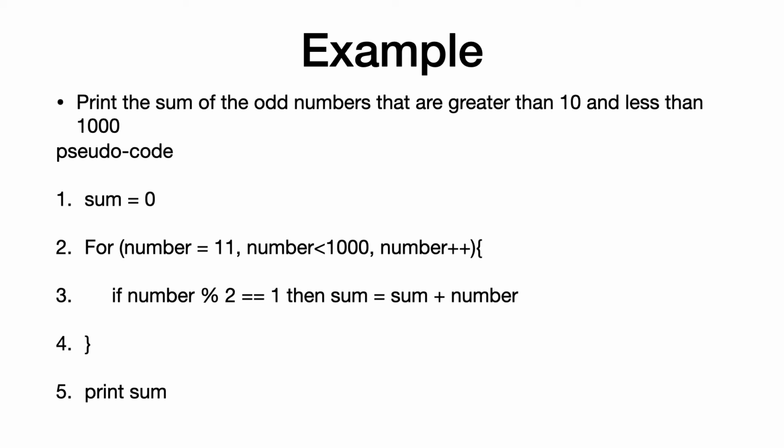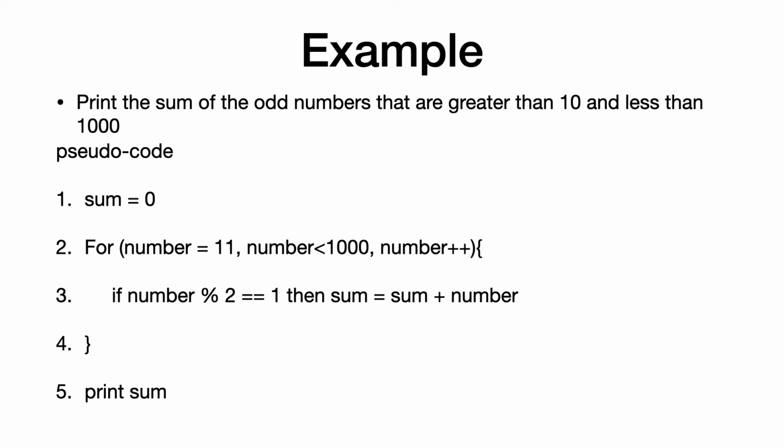Because it's initialized at 0, when you sum 0 plus 1, you will have 1, and then when you sum 1 plus 2, you will have 3. So the 0 doesn't make a difference on the sum of all the numbers. That is why we have to initialize it at 0. If it is initialized at any other number, then the result will be wrong.